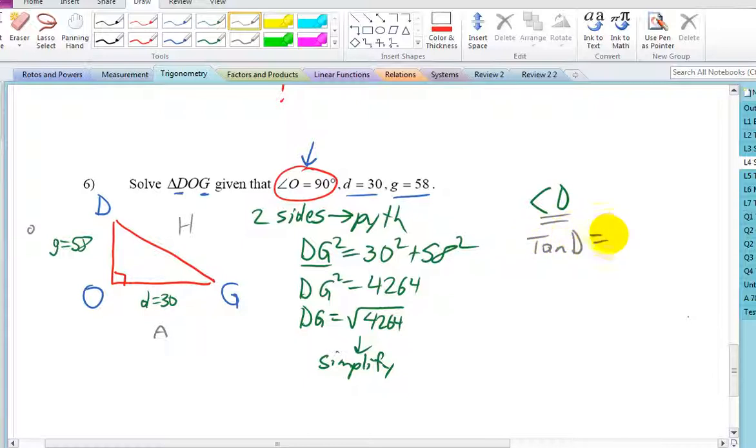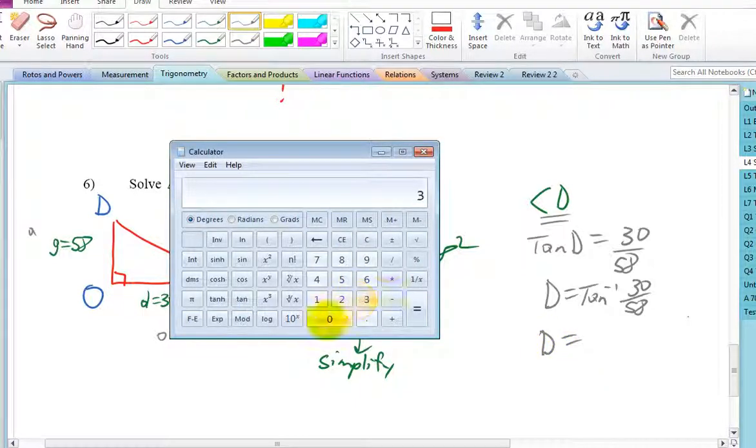So tan D equals O over A, 30 over 58. So D equals inverse tan 30 over 58. Go to your calculator, make sure you can do that. 27 degrees.